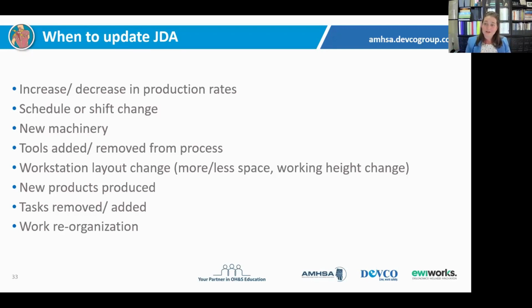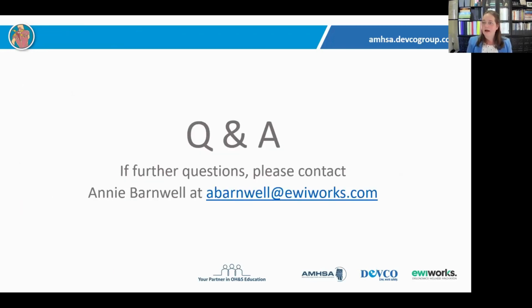You might also change it if a piece of machinery goes away or a new piece of machinery comes in. You're adding or removing different tools. You're changing the workstation layout. If you're adding new people to help out, or if you're taking people away, something that used to be divided between 4 people is now done by 1 person by themselves. That reorganization should be reflected in the job demand assessment so that people know how to manage it.